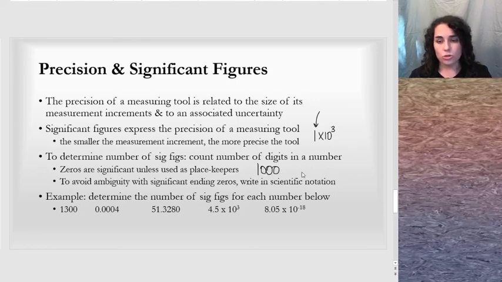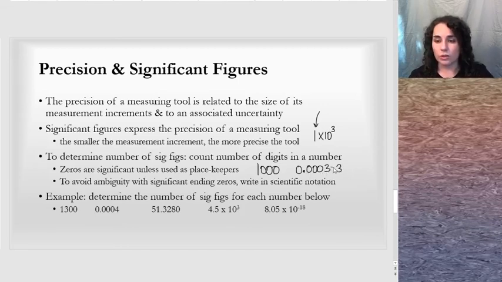As opposed to another situation, where there are point holders, a situation like this. Those are placekeepers as well. They're just making sure that the 3 is over in the 10,000th place, and it holds that distance over there.